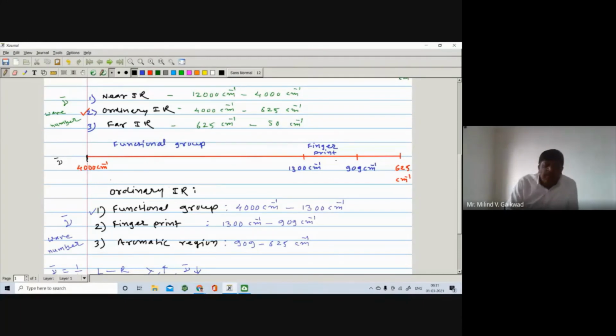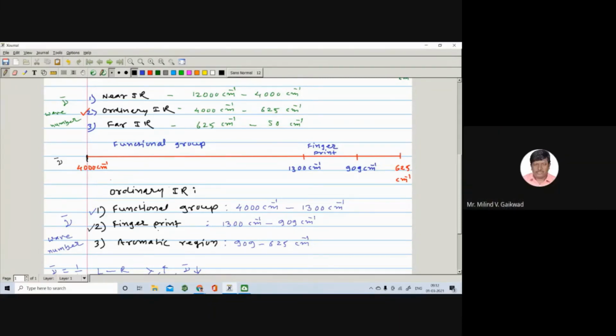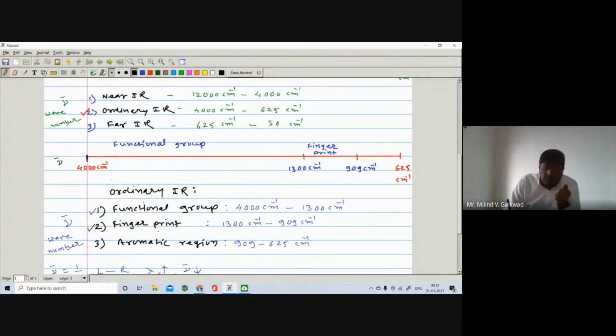So what is the use of this fingerprint? The use of the fingerprint is to compare the sample. Suppose the fingerprint of one person matches the given data, then you may say that the fingerprint is of that person. In the same way, suppose in the library we have the spectra of a molecule.